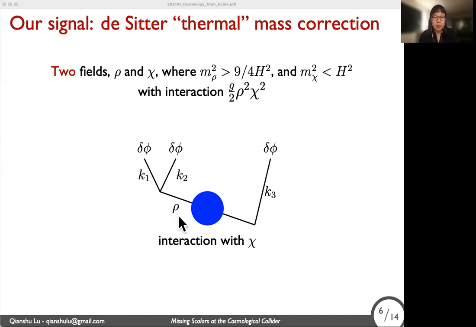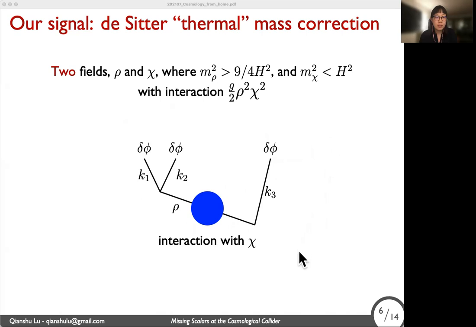But now, because rho has interaction with chi, the interaction between these two fields is going to generate a modification on the rho 2-point function, which is in turn going to modify the 3-point interaction mediated by rho. This modification is going to allow us to infer the existence of the chi field, even though it's not directly mediating the 3-point inflaton correlation function.